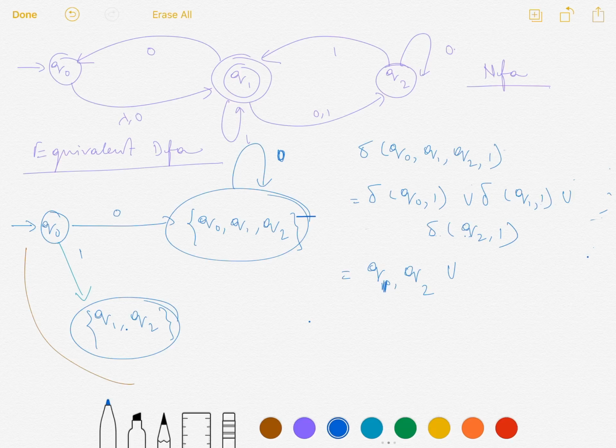Union delta Q1 1: if I give Q1 1, it is going to Q1 as well as Q2. Is there any other state it is going to? I think no. Okay, fine. And for Q2 1 it is going to Q1.